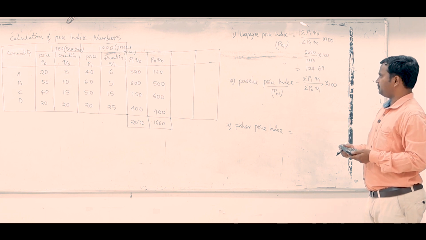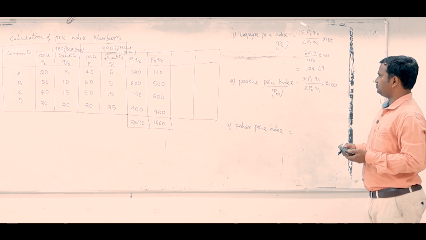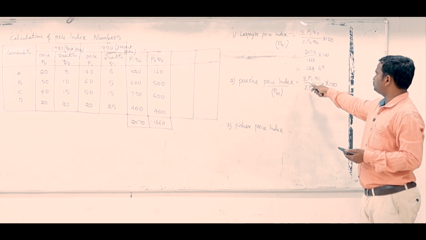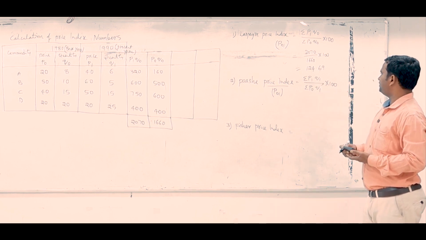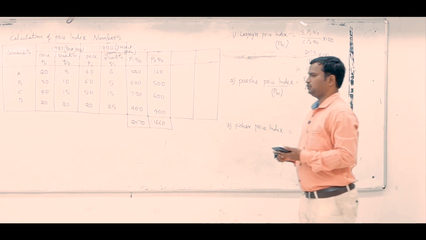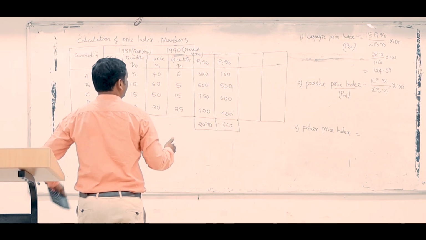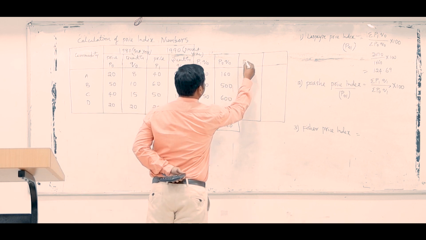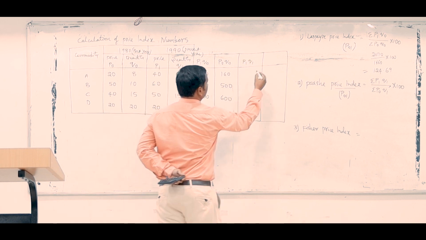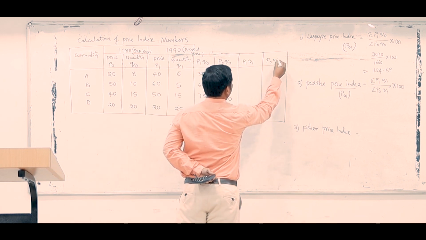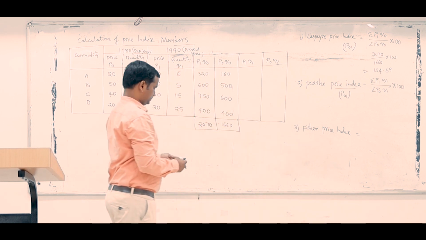Next, under Paasche method, to find out the price index, these two columns we should calculate: P1 Q1 and P0 Q1.